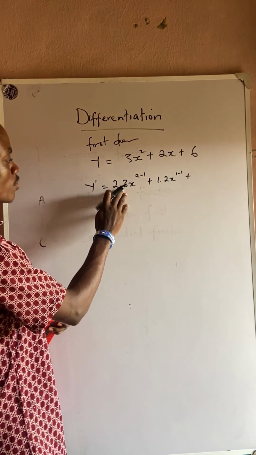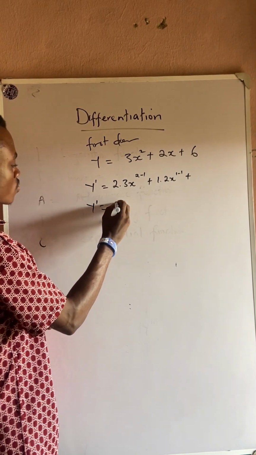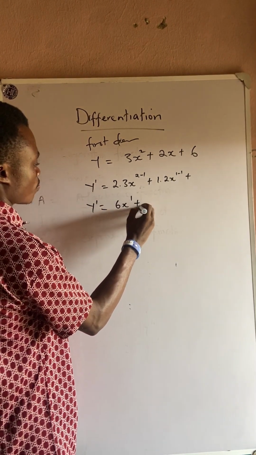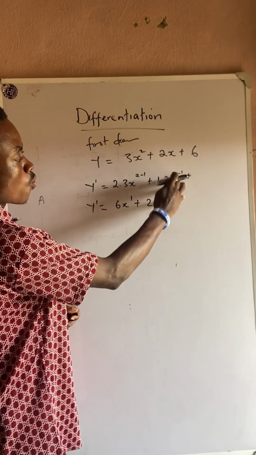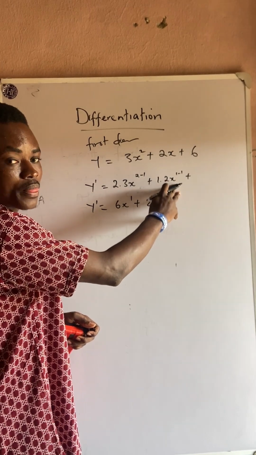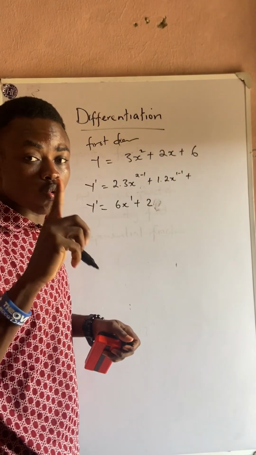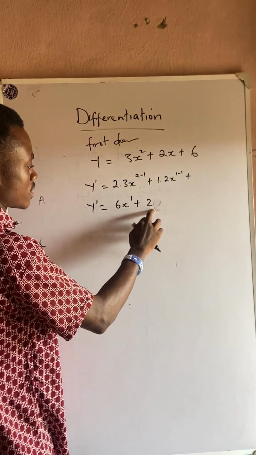The reason why I put this point here, this point means multiplication. So y prime is equal to 6x to the power 1, plus 2 times x to the power 0, because 1 minus 1 is 0. And anything raised to the power of 0 is equal to 1. So that's why our answer is 2.